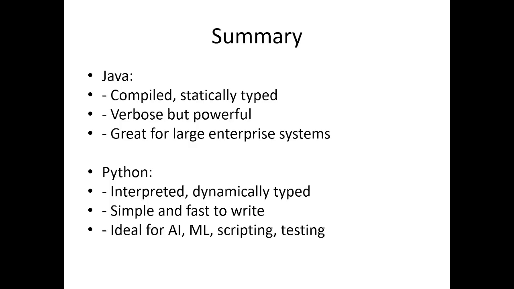Depending upon the business problems, they will choose the programming language. Java is mainly used for large enterprise systems where we want to develop bigger kinds of applications. Python, now that AI is trending, will be used for AI and ML scripting.